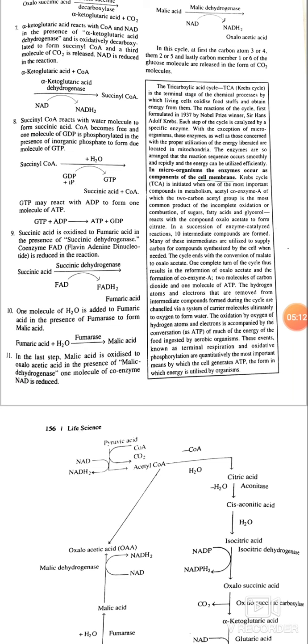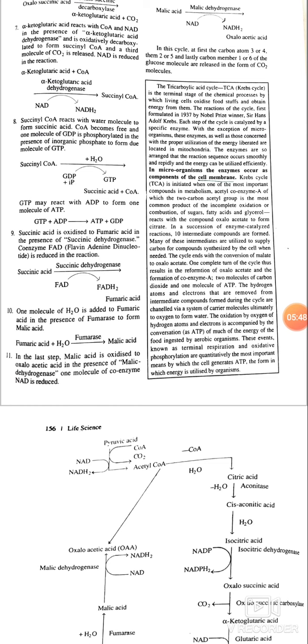Next, succinic acid is oxidized to fumaric acid in the presence of succinic dehydrogenase. The coenzyme flavin adenine dinucleotide, FAD, is reduced in the reaction to form FADH2. One molecule of water is added to fumaric acid in the presence of fumarase to form malic acid.